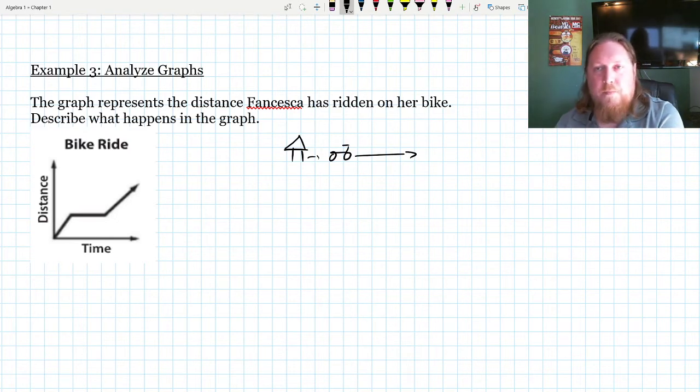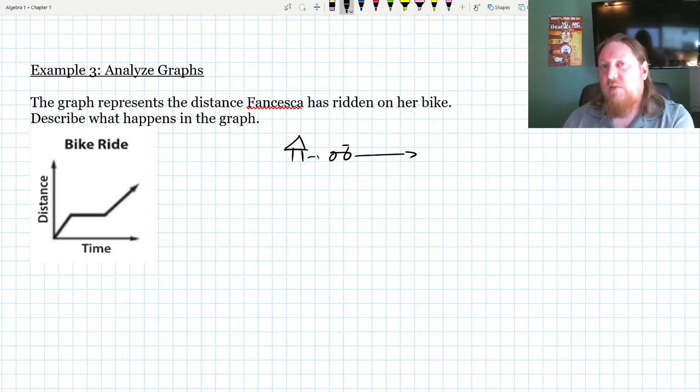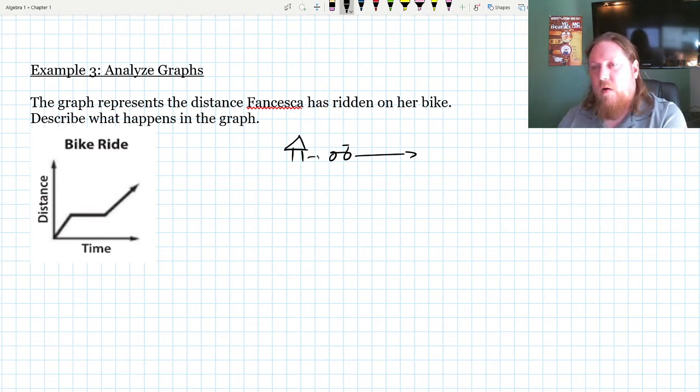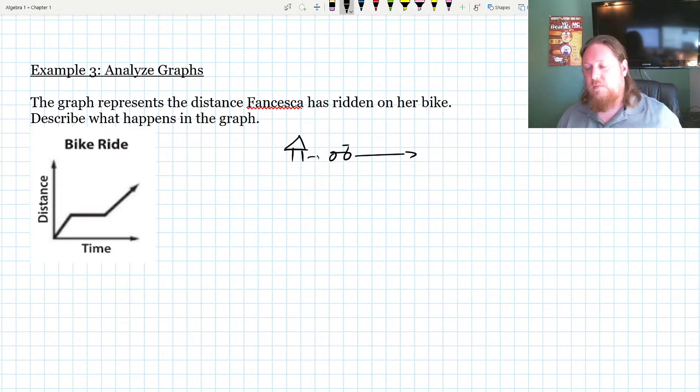Now, is it a perfect ride the whole way, or is there stop signs, or are there hills they have to climb, or they go slower? Where's their final destination at? How far away is that? Like if I ride my bike to the college, there's a big hill going up to the college. I'm not going to be going as fast when I'm going up the hill. So since I'm not going as fast, my distance isn't growing as much.